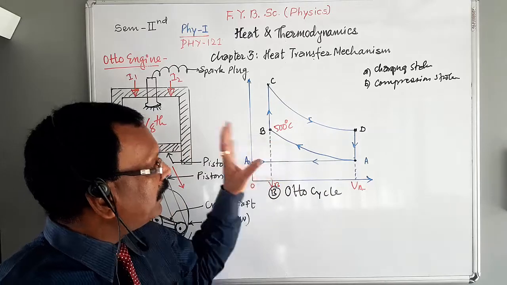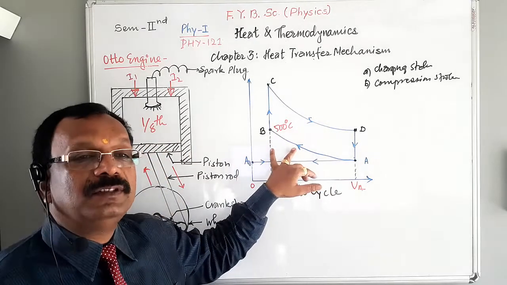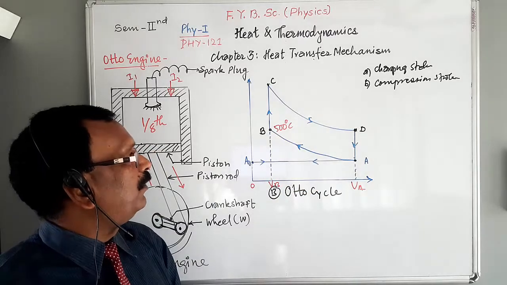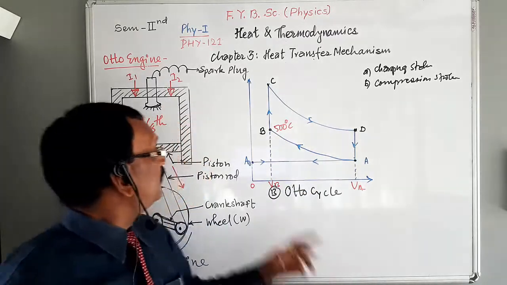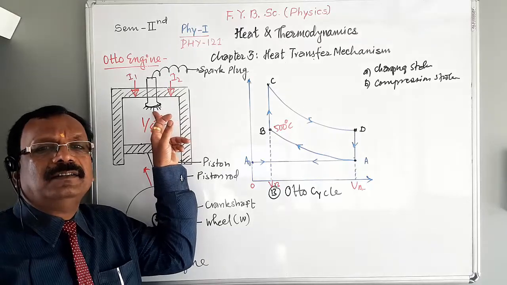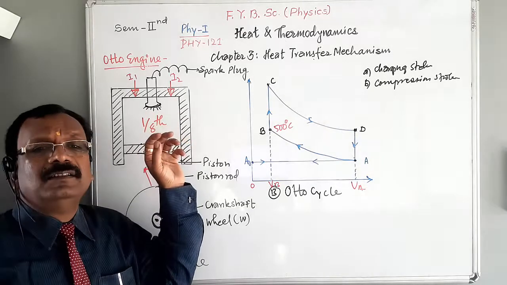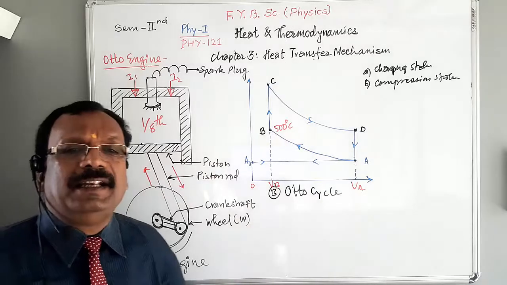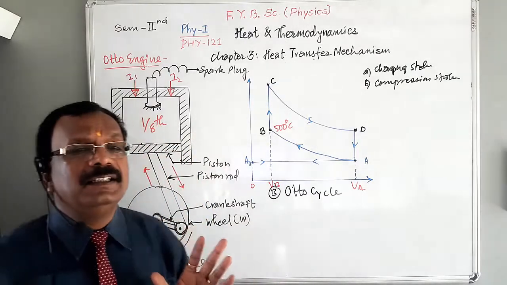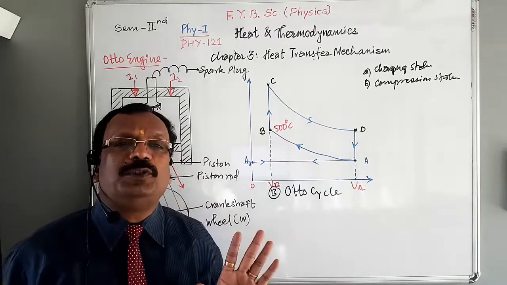Now, the second part of this compression stroke, what happens? When the temperature reaches about 500 degrees Celsius, the spark plug produces an electric spark, and due to this spark the mixture gets ignited. The petrol vapor burns quickly in a little explosion.